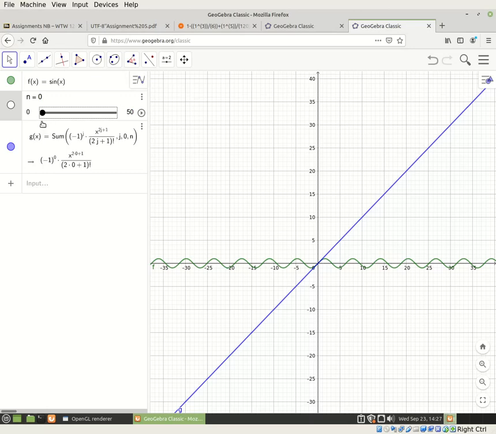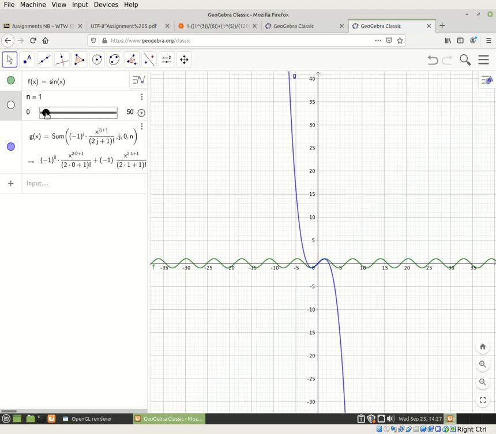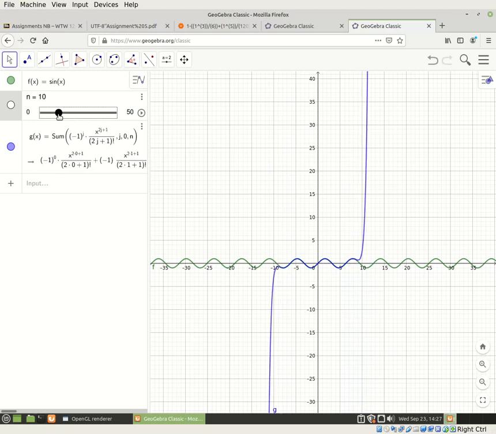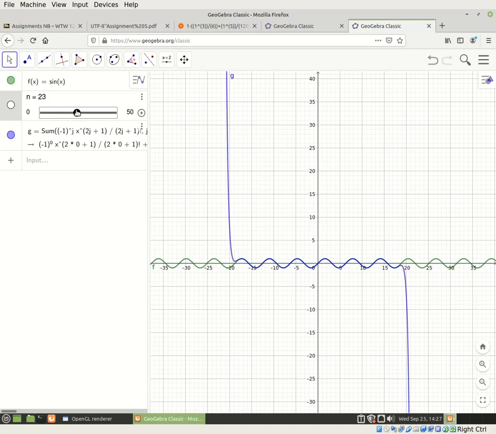The slider manipulates the number of terms in our polynomial, and we see the more terms and the higher order the terms we add, the closer our approximation gets.